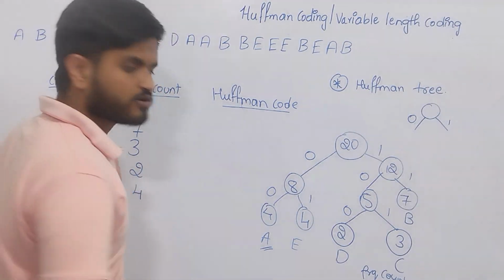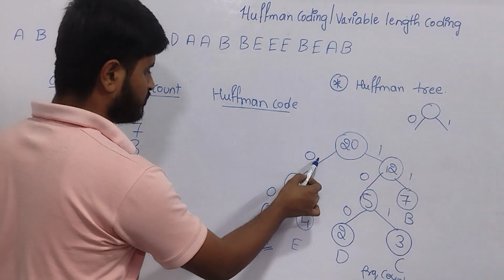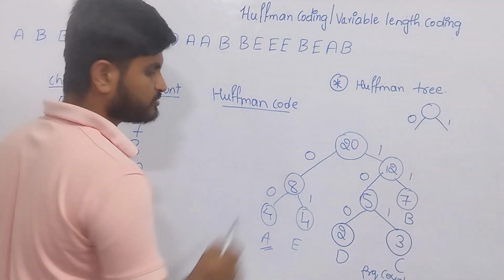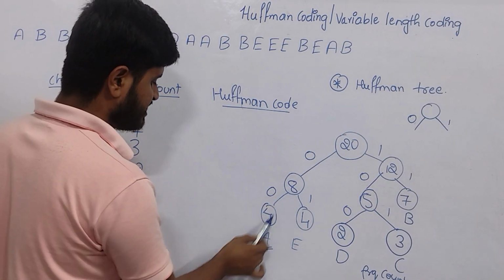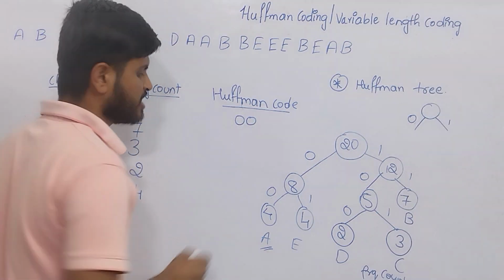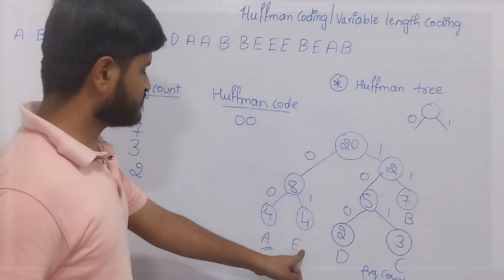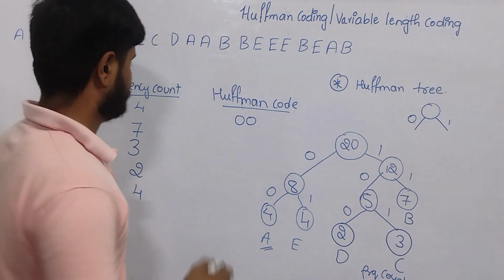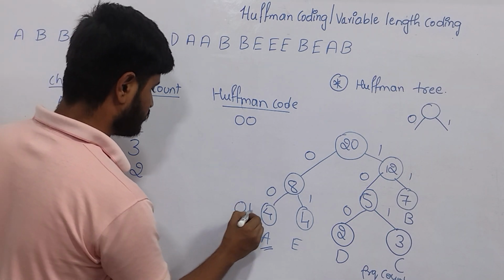Now I must write the code for A. It will be 0. From 20 to 8 you came using 0. From 8 to 4 you came using 0. So 0, 0 will be the Huffman code for A. Next for E, it will be 0, 1.